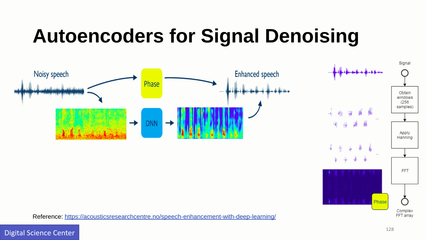It can be done by a simple deep neural network. You can use a couple of dense layers followed by some activation layers. Then you can create a denoised signal once you train the model. This is a very primary set of applications developed with autoencoders.